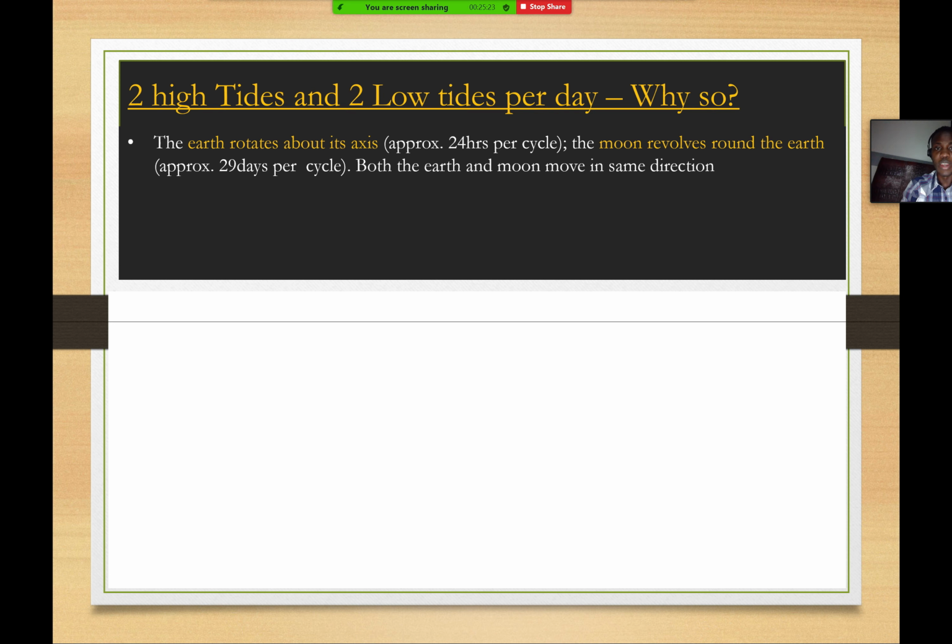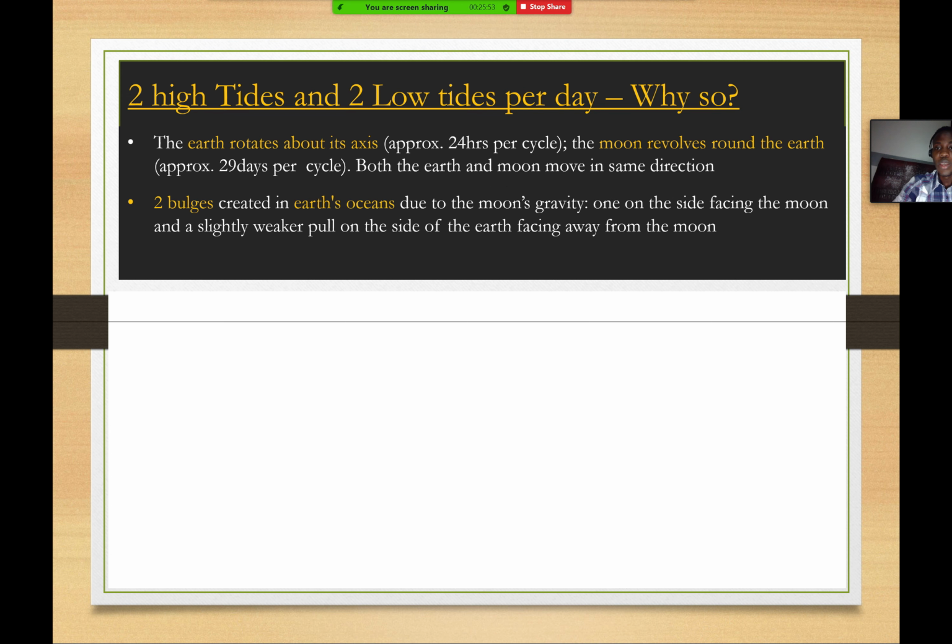Another thing to note is that the Moon revolves around the Earth in the same direction in which the Earth is rotating, and it takes the Moon about 29 days, 28.8 or 29 from all I've seen from different researches, to complete one revolution around the Earth. So, recall what we said about the gravitational pull of the Moon on the Earth.